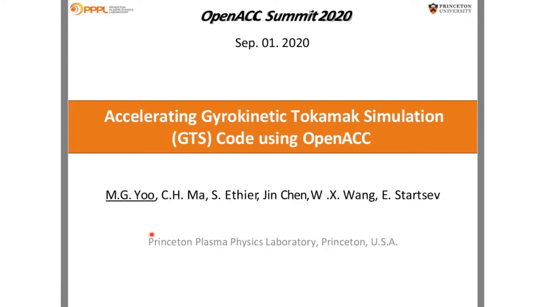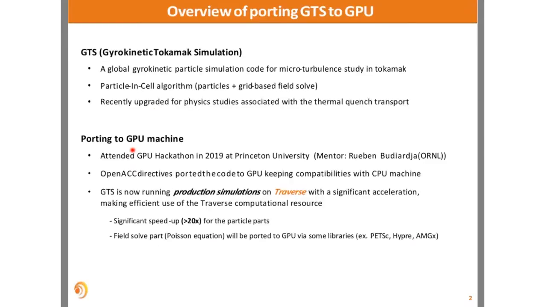I'm very glad to share our experience of accelerating our code, GTS, using OpenACC. Our GTS code is a global gyrokinetic particle simulation code for microturbulence study in tokamak. The tokamak is a promising candidate for a nuclear fusion reactor in the future.